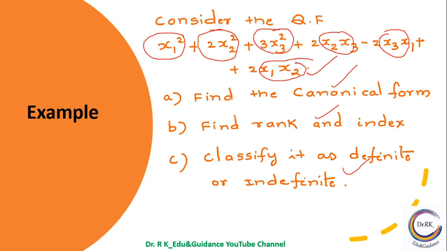Then the next requirement is homogeneous of degree 2. Here every term is of degree 2. Therefore, this is a polynomial which is homogeneous of degree 2, so this is considered to be a quadratic form. Then we'll go for canonical form and so on.